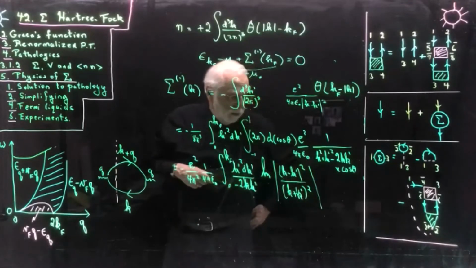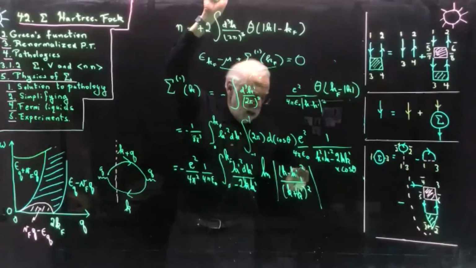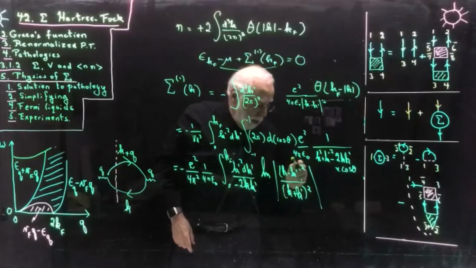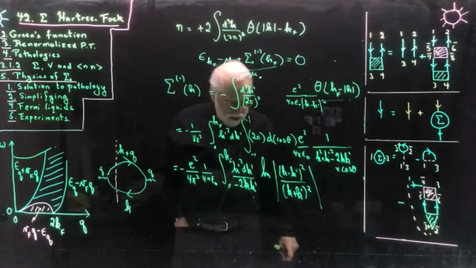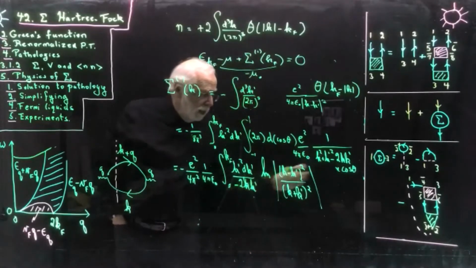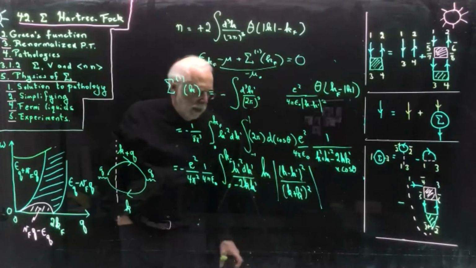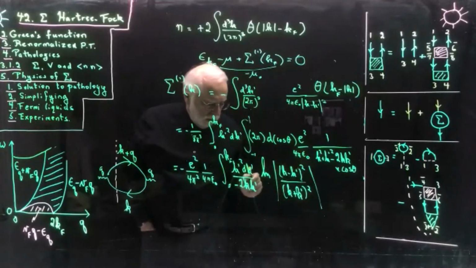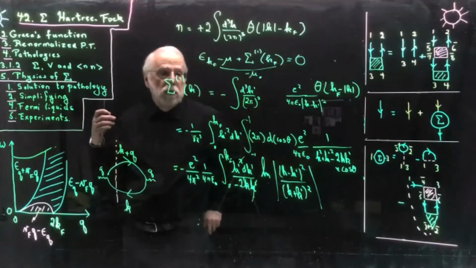And this is not the absolute value, this is just a parenthesis. So this is evaluated at cosine theta equals +1 and at cosine theta equals -1. It's the usual thing: when I differentiate this, I will get 2 k k prime, and so I need to get rid of it this way. So there's one k prime that goes away, and then this is just some integral you need to do.